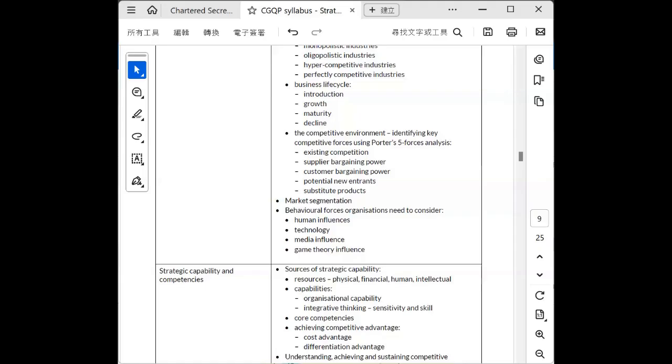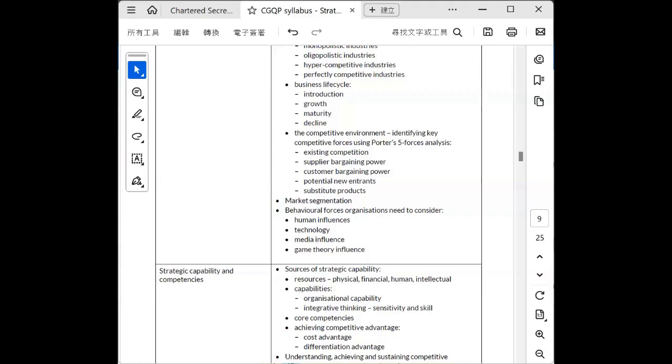It will affect your product features and service expectations. Potential new entrants, that means whether they are threats to your market share, and whether you have a low barrier of entry or high barrier of entry. Substitute products can erode demand, so innovation and differentiation help to defend against them.